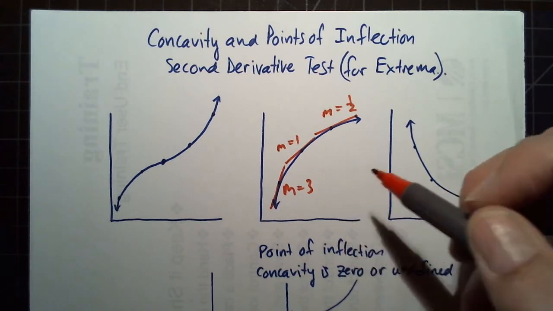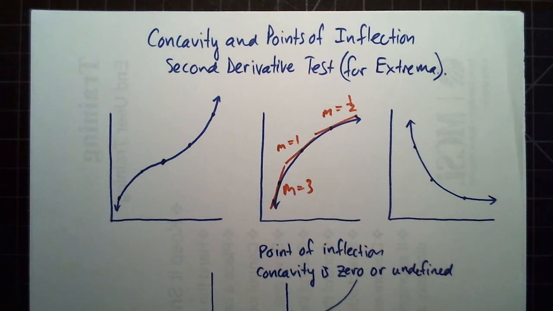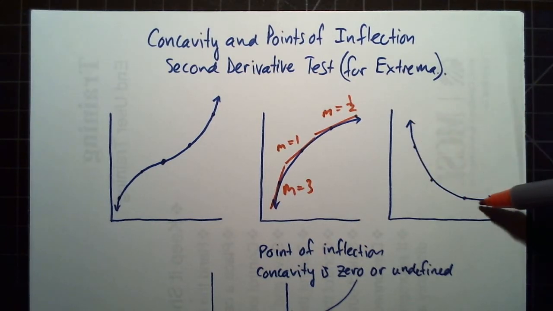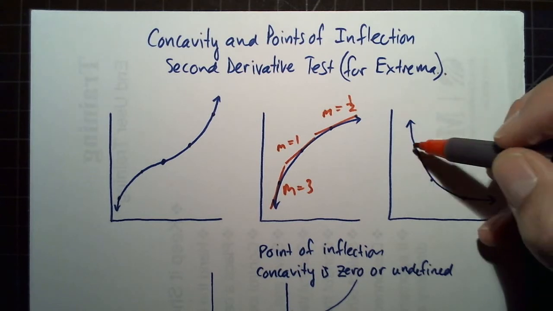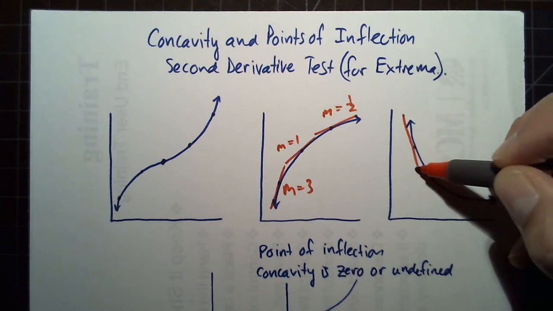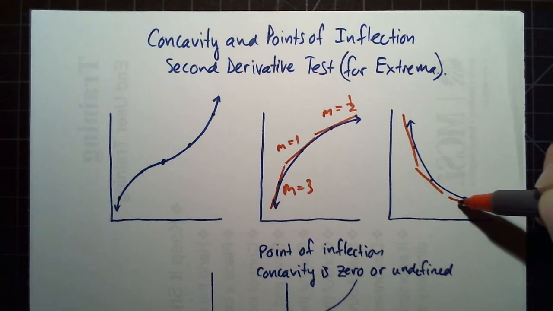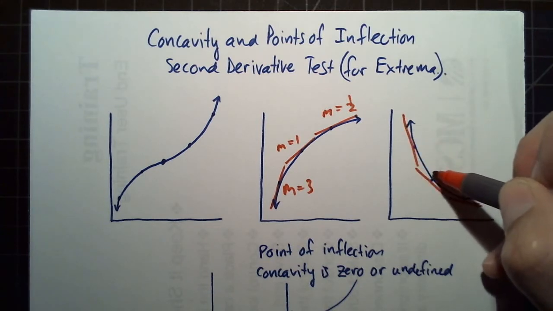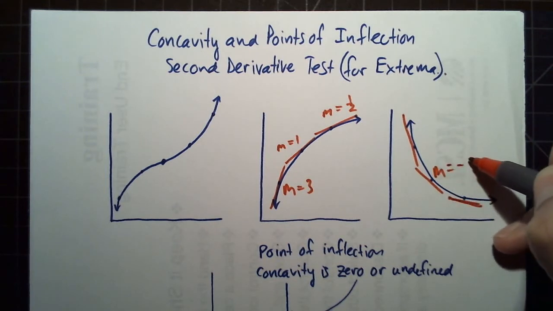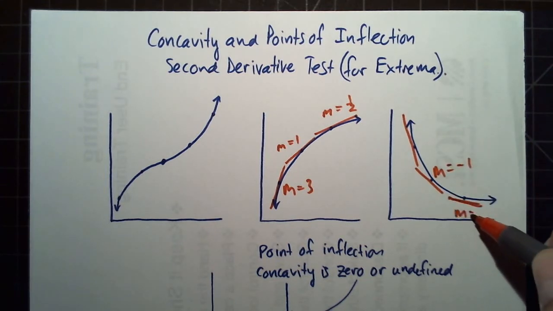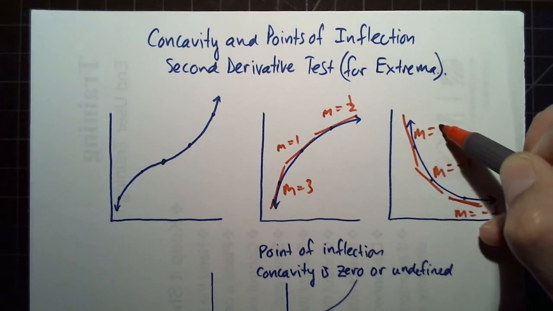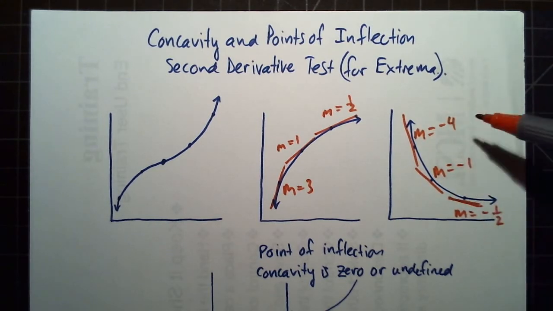Concavity and curvature, you can use either one. So here we have a function that's decreasing. Its slope is negative. But let's look at the slopes of these tangent lines. Maybe this tangent line has a slope of -1, then -1/2, and maybe that's a -4.